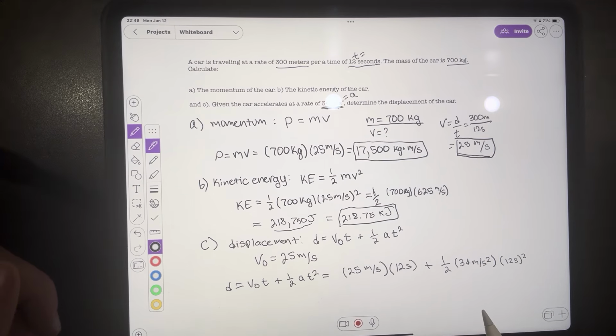Now, all we really have to do here is multiply this 25 times 12.